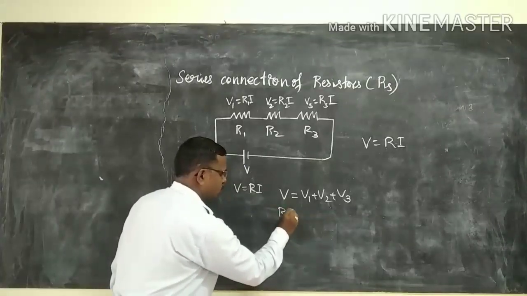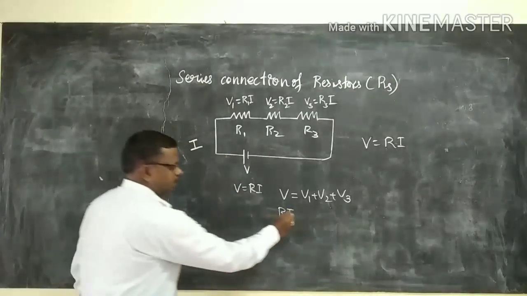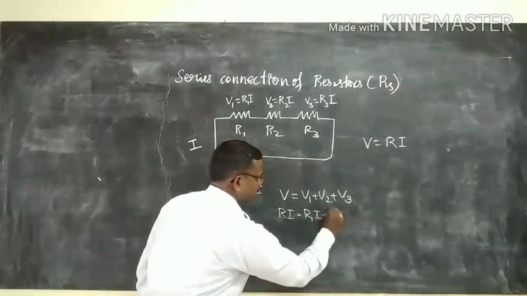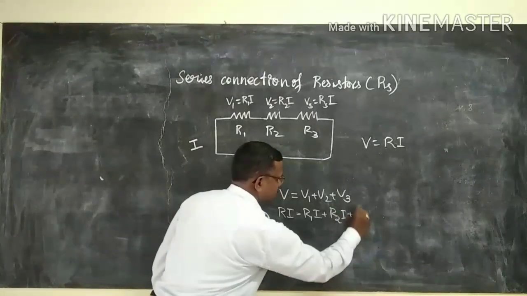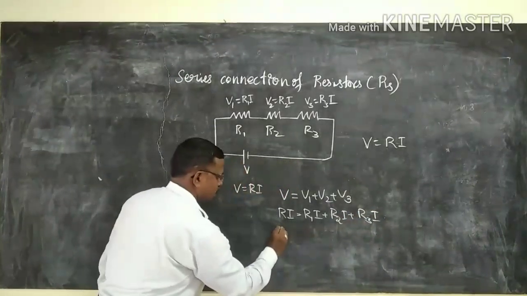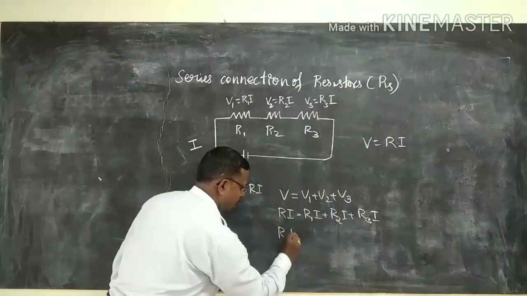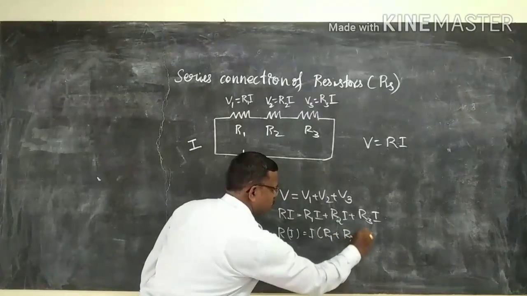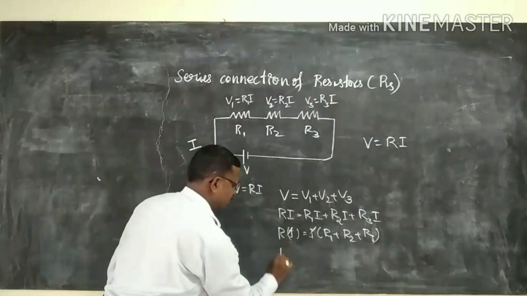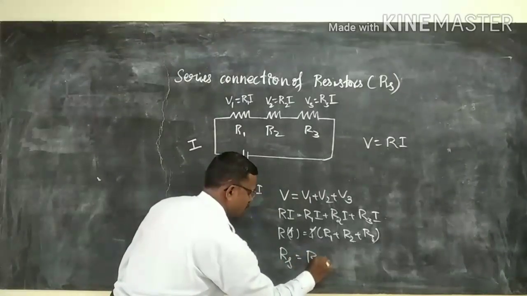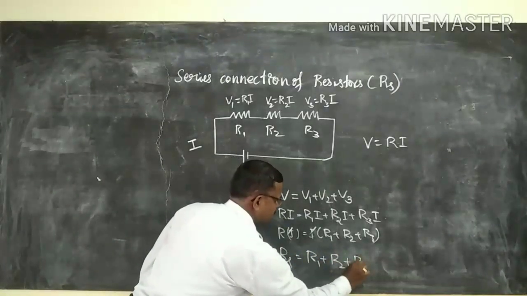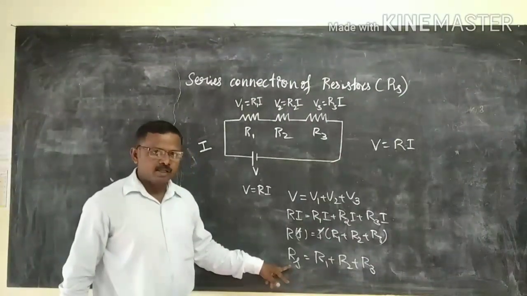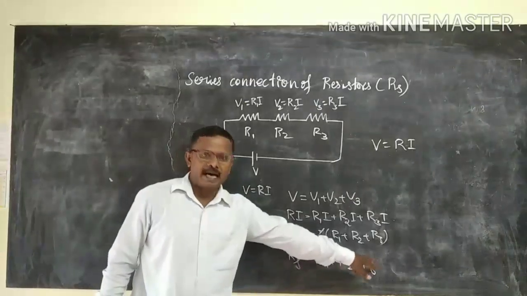I substitute the values: V1 is R1 I, R2 I, R3 I. I get cancelled. So R in series is equal to R1 plus R2 plus R3.